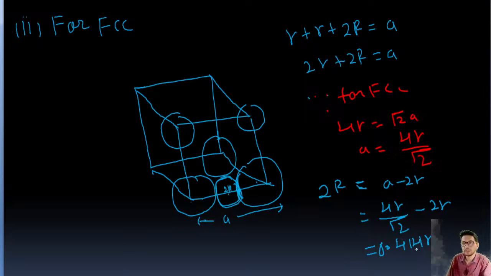This is the answer for it, guys. Okay, so very simple. This we need to know. So this is the void space, right, between the FCC atoms. If you solve it, this is going to be 0.414R.